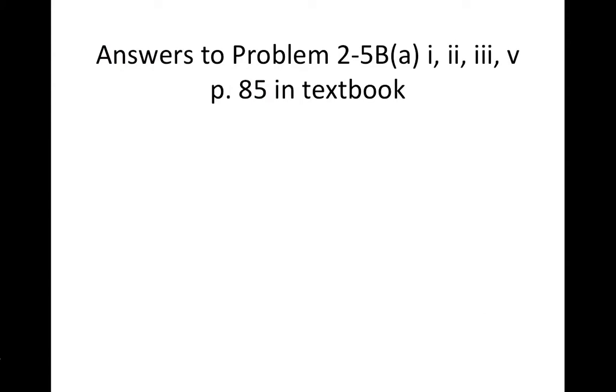Now if you turn in your textbook to page 85, I'd like to go over problem 2.5B, section A, numbers Roman numeral 1, 2, 3, and 5. They are wanting you to use the information and compute the current ratio. Remember, the current ratio is current assets divided by current liabilities.